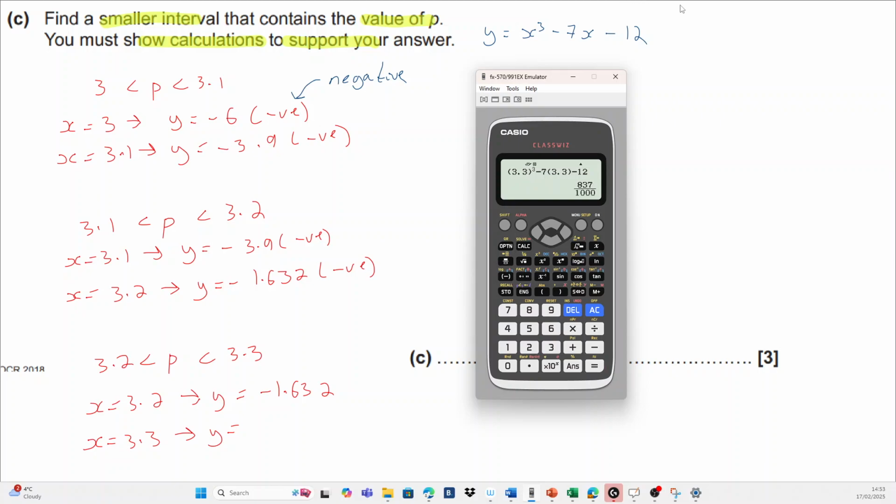Okay, there we go. It's positive, which is really good. So y goes to 0.837. So you go from a negative solution up to a positive, which means that P must be between 3.2 and 3.3.